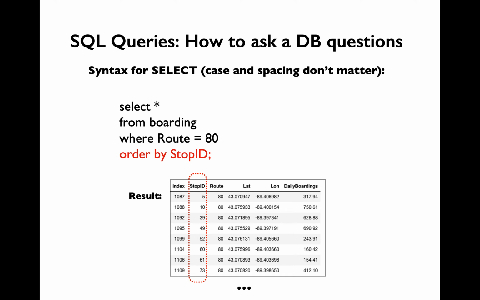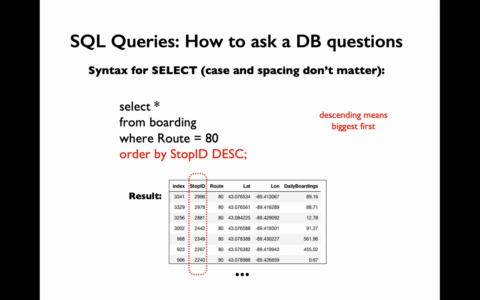Let's say that we want to order the rows based on the stop ID where all the route information is going to be 80. That's going to create the data frame where you have rows in ascending order based on the stop ID column over here. The default ordering is going to be ascending for order by clause.